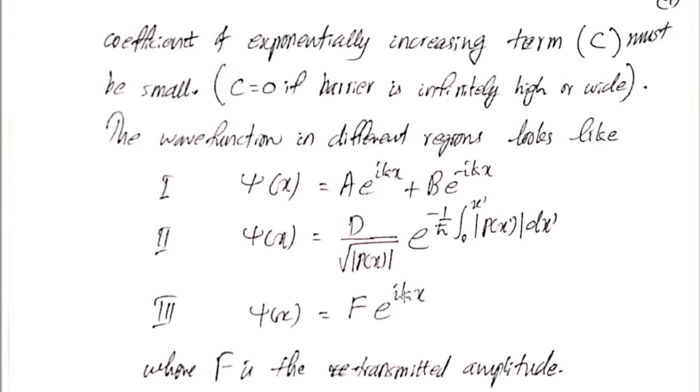Here also it is e raised to i kx, similar to the first region, because the first and third regions are the same medium. In the third region there are only transmitted particles moving towards the right, and there will be no reflected particles. So there is no term e raised to minus i kx, where f is the amplitude of the transmitted wave.